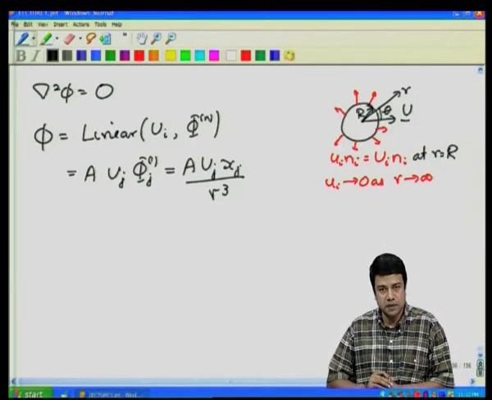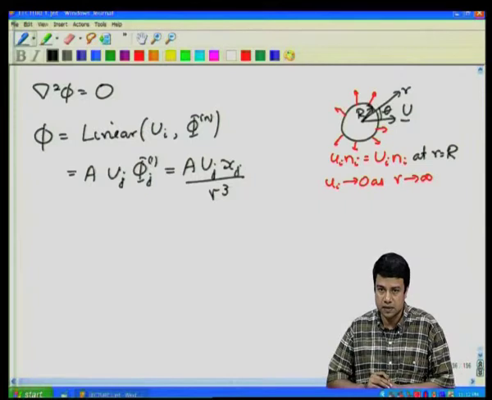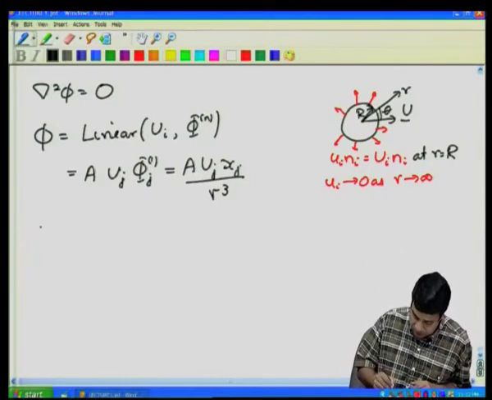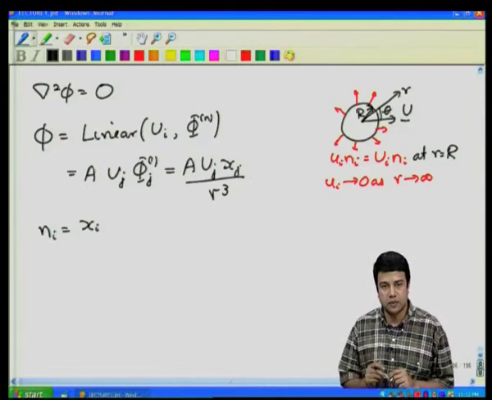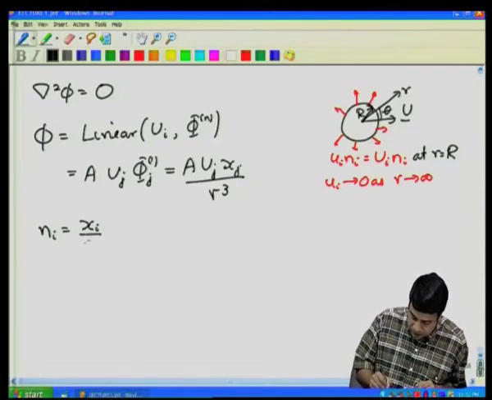Now, of course, we determine this constant A by finding out what is the normal velocity boundary condition. On the surface of the sphere, the unit normal is in the outward radial direction. It is along the radial direction. Therefore, the unit normal along the surface of the sphere can be written as the displacement vector to that point on the surface divided by the radius.